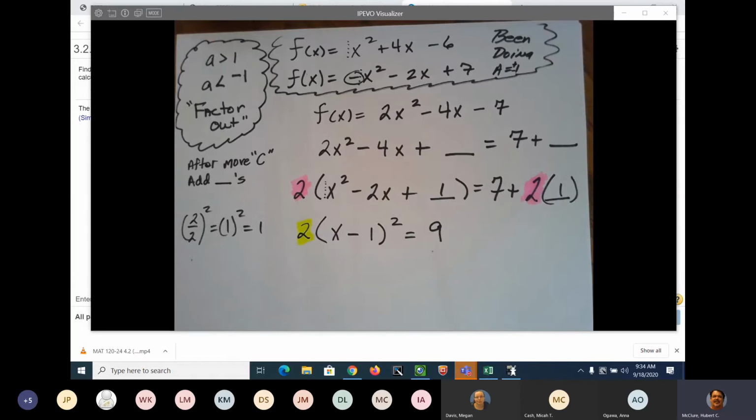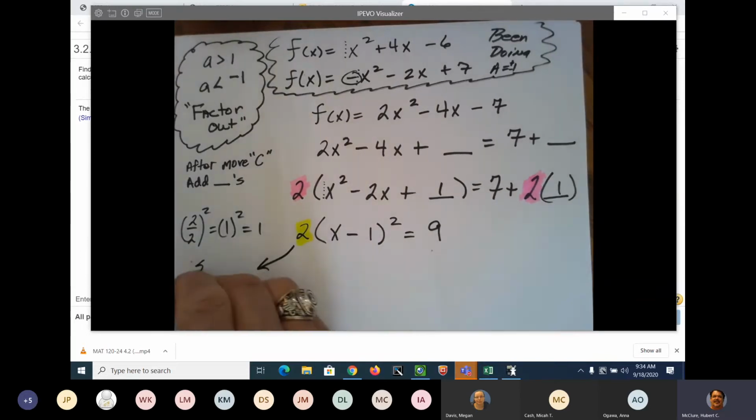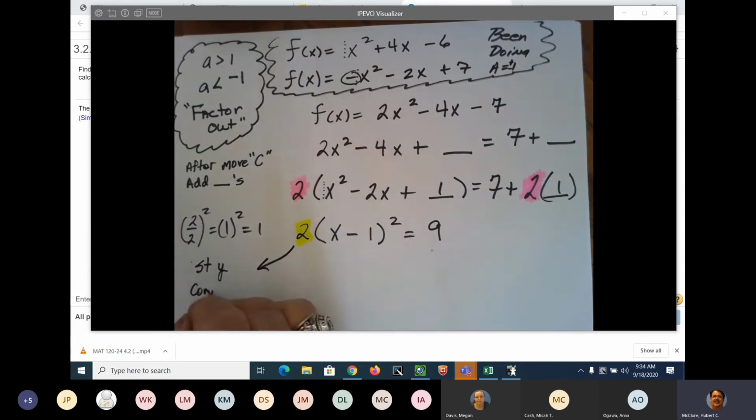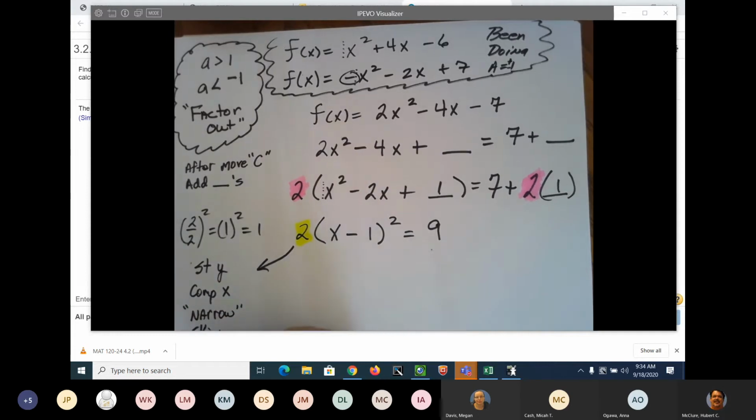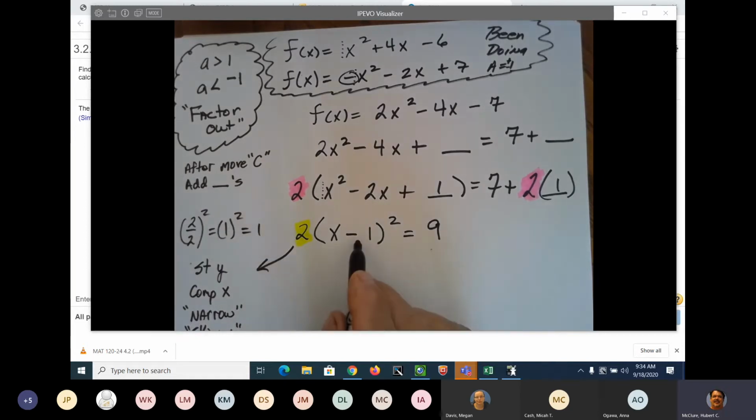And this one is stretch. 2 tells us stretched on the y-axis and compressed on the x-axis. So that means it's going to be narrow or skinny. We've got a horizontal shift of 1 to the right, and we've got a vertical shift of 9.